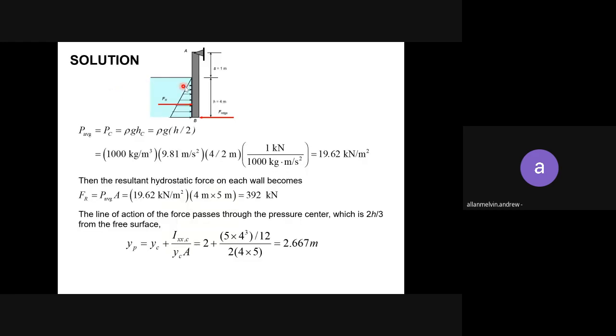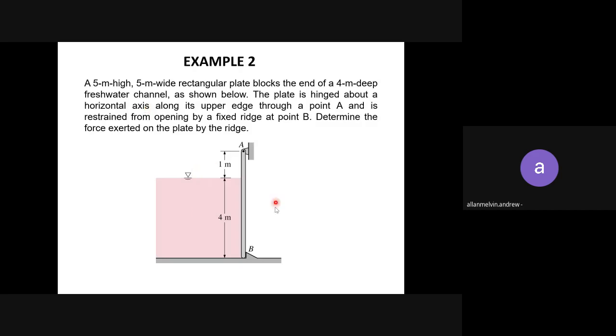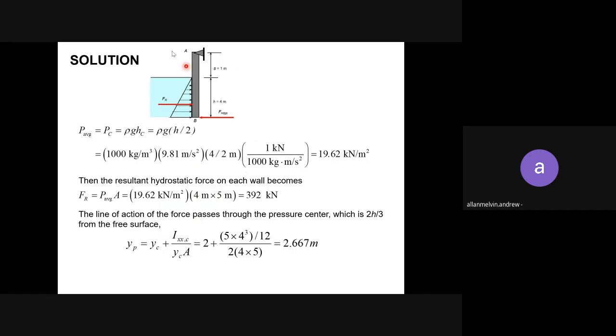Okay, the solution. First, once you get the sketch like this, draw the free body diagram. Okay, so draw this so that you can see. So draw similarly A, B. Then you have a force FR.